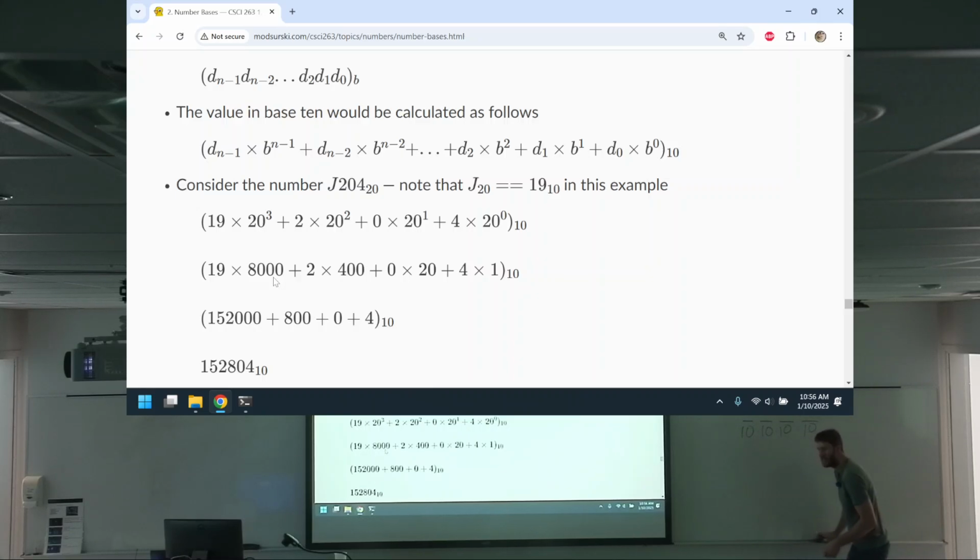Now, if we do letters, how many different letters are there? 26. So now I actually have 26 times 26 times 26 times 26, or 26 to the 4, which is 456,976. That's a lot more than the 10,000 unique things. So if I use letters, I can actually represent more things.